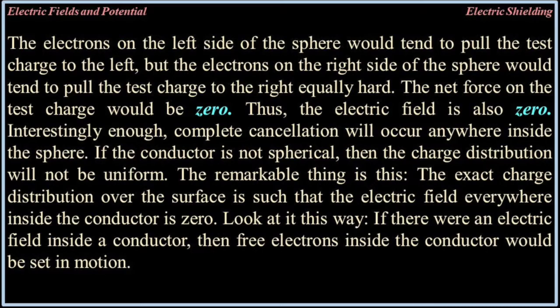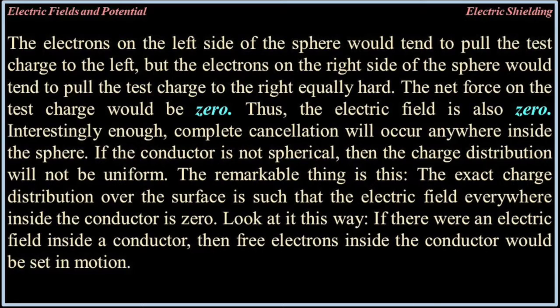If the conductor is not spherical, then the charge distribution will not be uniform. The remarkable thing is this: the exact charge distribution over the surface is such that the electric field everywhere inside the conductor is zero. Look at it this way.